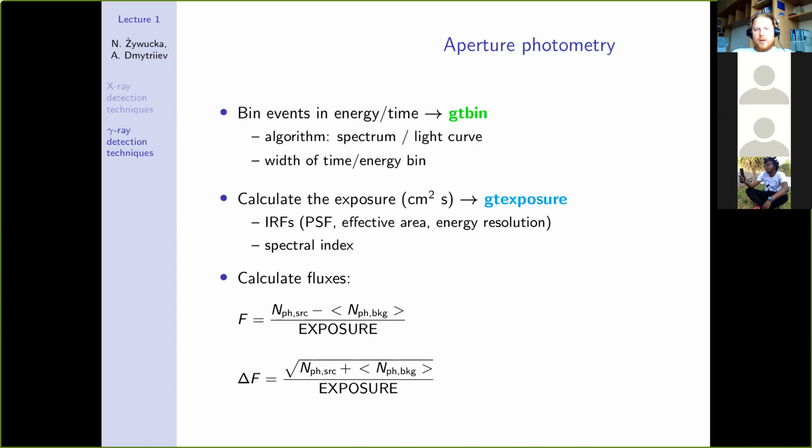So the error is the square root of these quantities, so the square of the square root is just these quantities. So the total error will be the square root of the number of source counts plus the number of background counts, divided by exposure. So this can lead to satisfactory, but not very accurate results. Aperture photometry is good for a quick look if you want to quickly estimate the flux of the source.